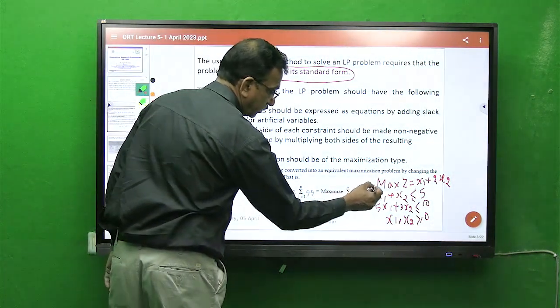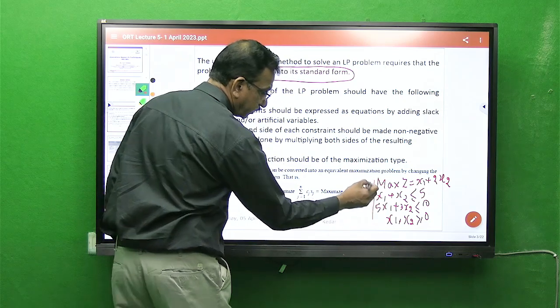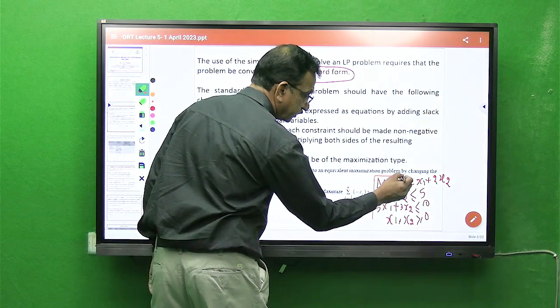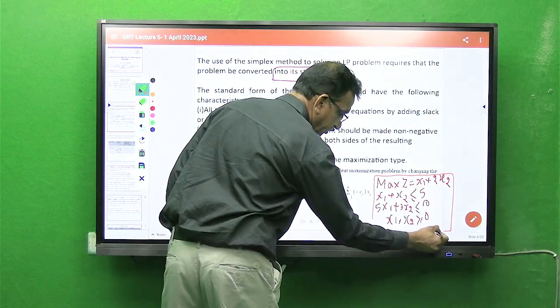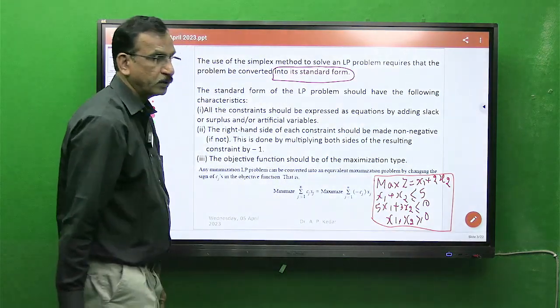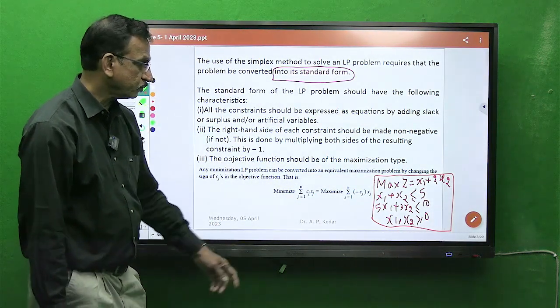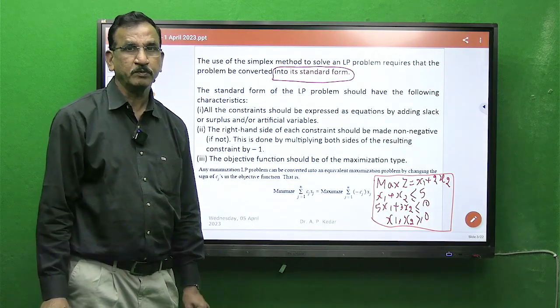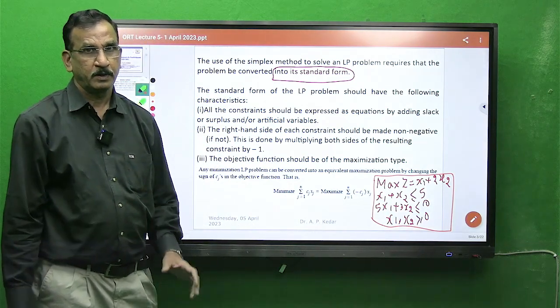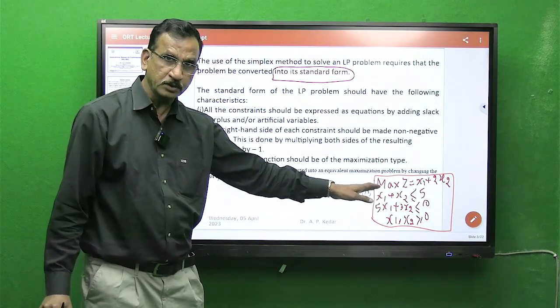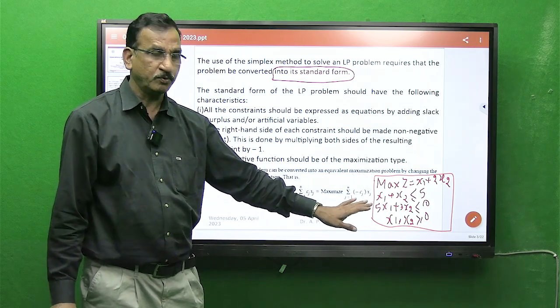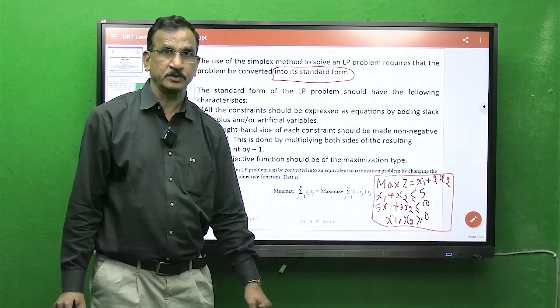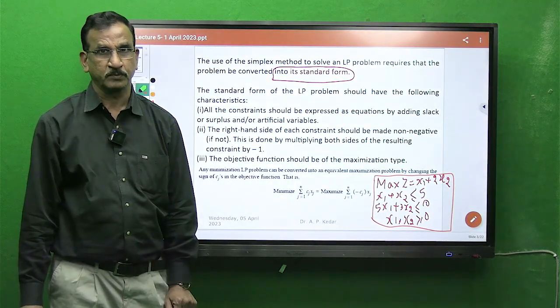This formulation which I have written in this corner is nothing but the formulated version from the given data. This is the linear programming formulation for a maximization type of objective function.